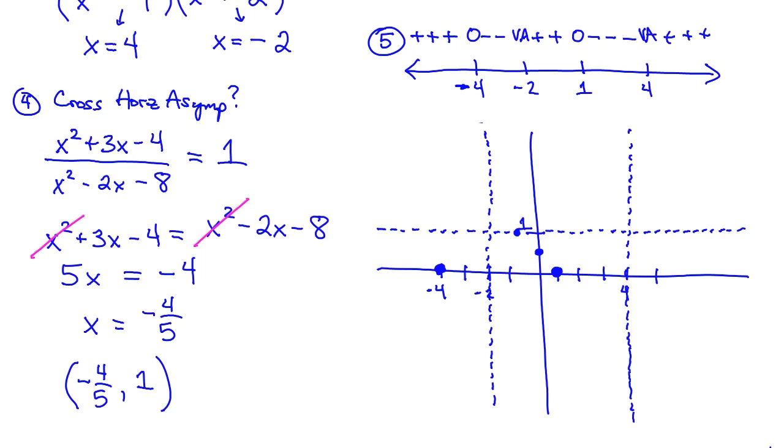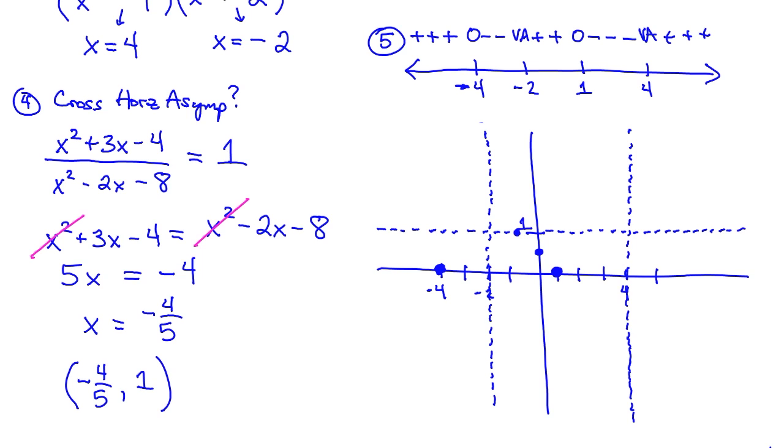All right, now we use the sign chart to graph where the branches of the graph actually occur. If I use this first interval, it says that the graph is going to be positive from negative infinity to negative 4. We know that it has to approach y equals 1.